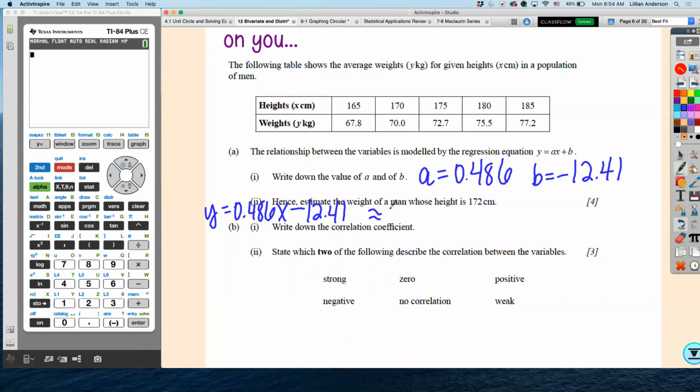Say that again, Vegas. 71.82. Okay. In kilograms, yes, of course. You can always round that to 3 significant figures, because both a and b ended as well. So you can provide that, or I can round it to 3 significant figures, which would be what?